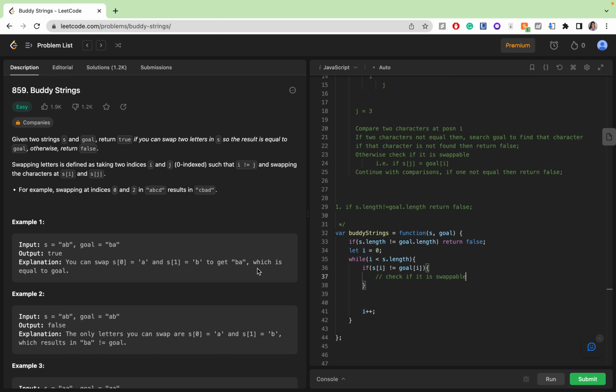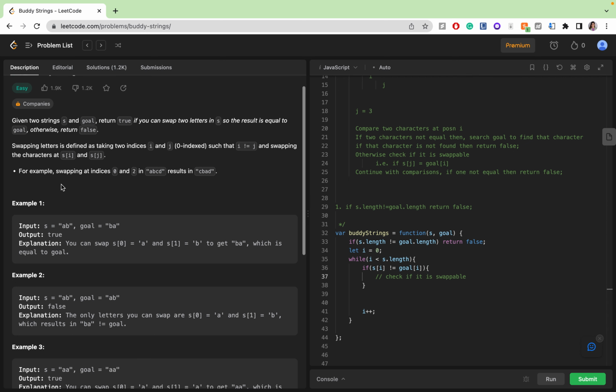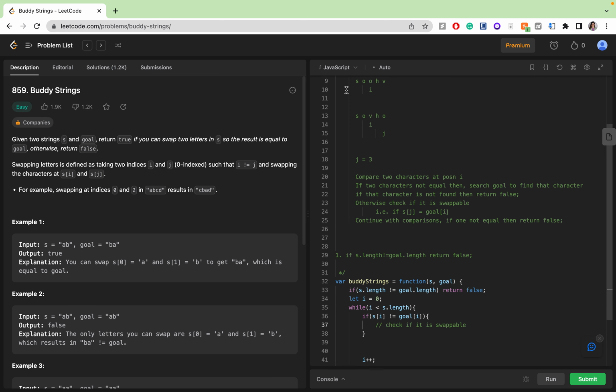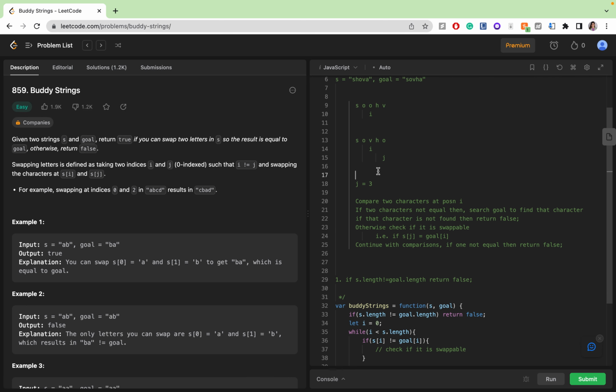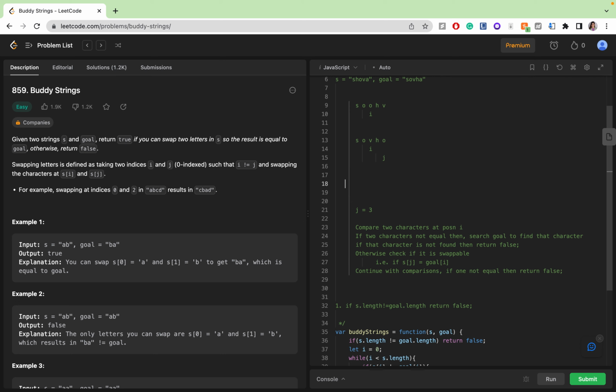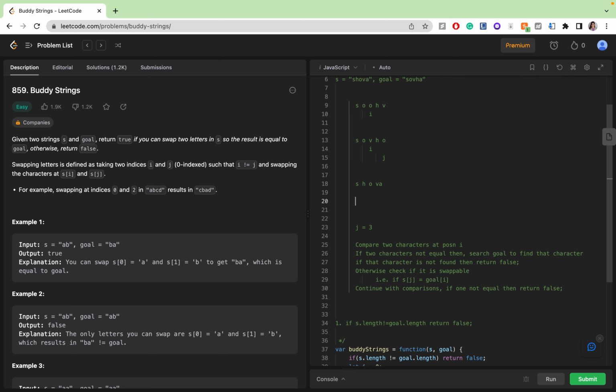I think that with 2 letters in S, I can only swap once, isn't it? Can I swap it multiple times? Like suppose here is H O B A, and suppose there is A S and B H, then it means that this is swappable multiple times, right? This I can swap A and S. So let's see if this is equal or not.